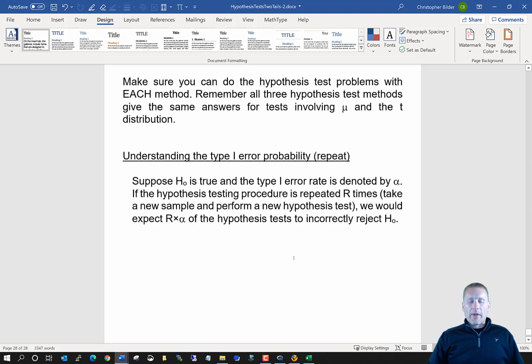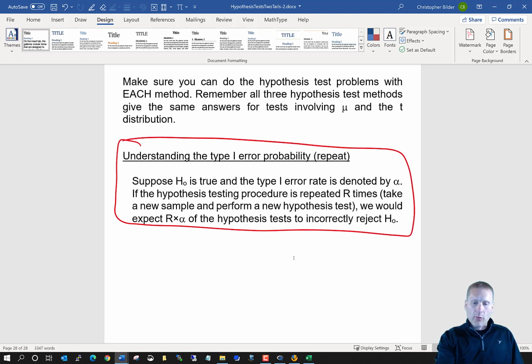Okay, so just to conclude here, an understanding of what this type 1 error rate, type 1 error probability, actually means. Please read this on your own. Again, I could ask you a question on a test for you to tell me what it means as well. This is very important.